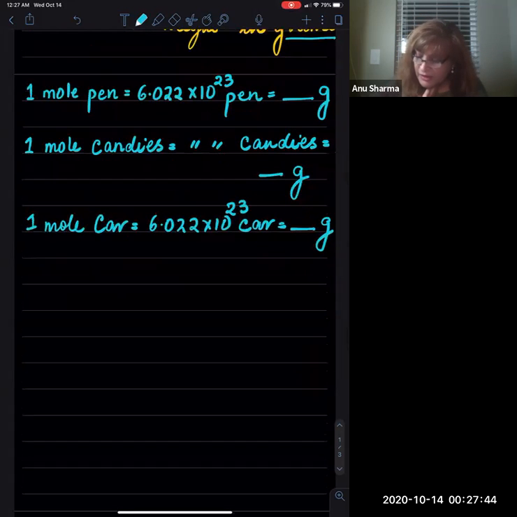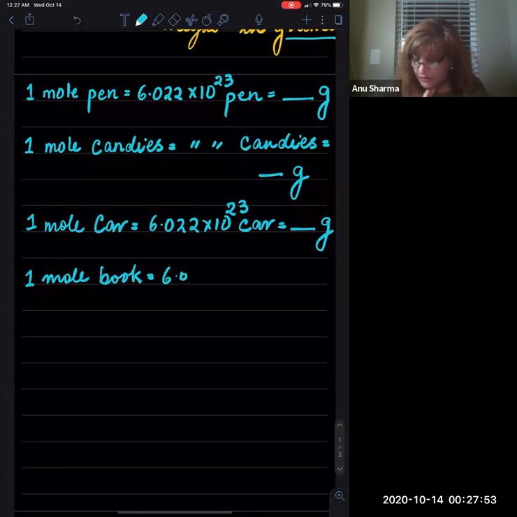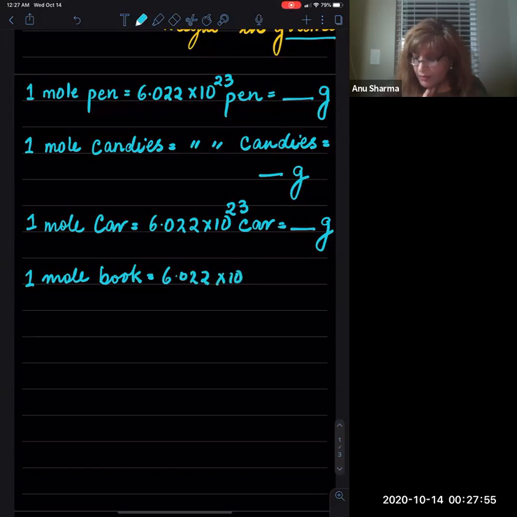Similarly, let's look at one more example: 1 mole of books. How many books are we looking at? The Avogadro's number of books, which is 6.022 times 10 to the power 23 books. If you put those books on a weighing machine, whatever the weight comes out to be is the weight of that one mole of books.